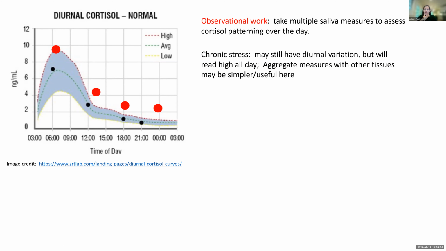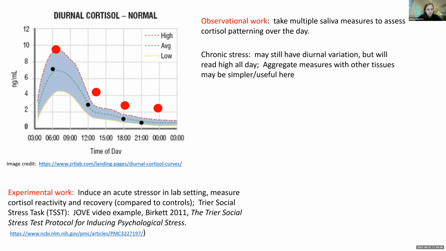In an observational setting where you're collecting on lots of people with different collection times, an aggregate measure like hair might be simpler and more useful than collecting multiple saliva samples from somebody at home. Home sampling can always be fraught. So hair sampling might be useful in an observational setting.